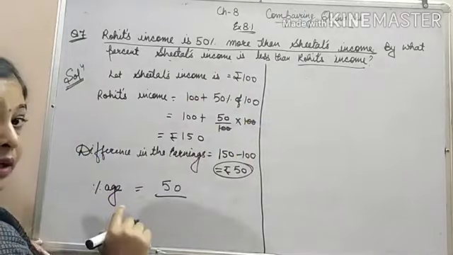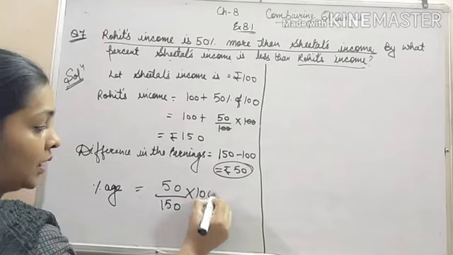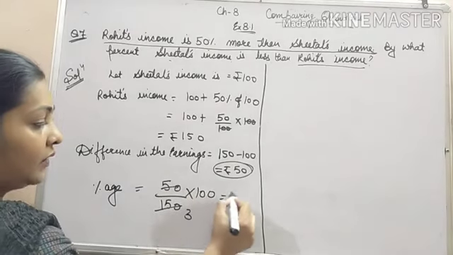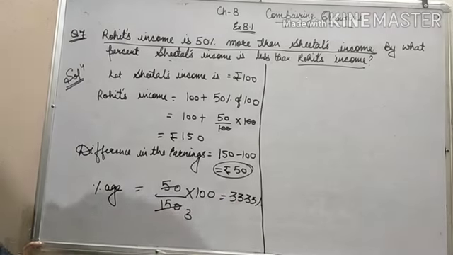And Rohit's income is 150, into 100. It will be 33.33%.